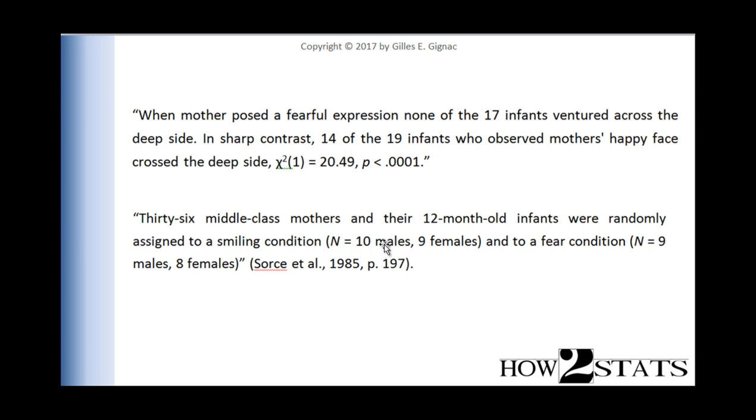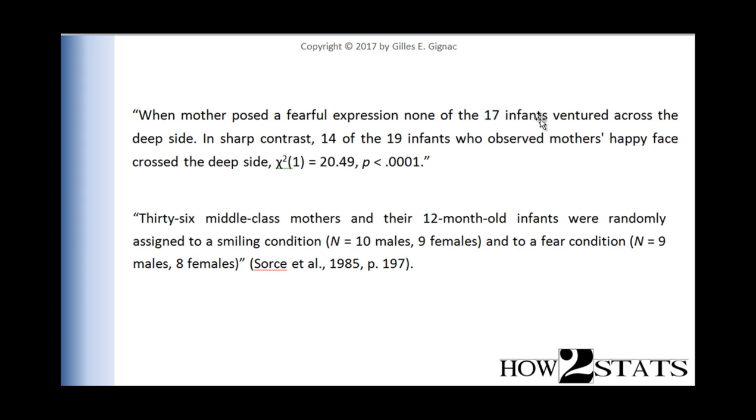So 19 of the participants were randomly assigned to mothers who gave them a smile as they approached the visual cliff, and 17 of the children were put into the group where the mothers expressed fear as the child approached the visual cliff. And the result is reported here. It's statistically significant.